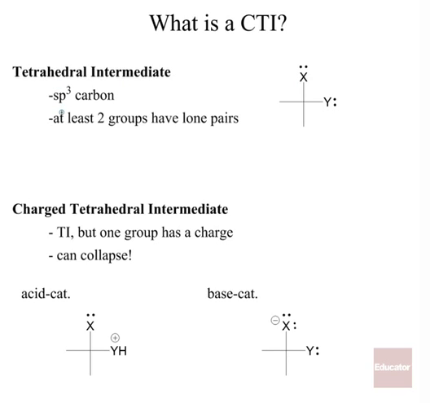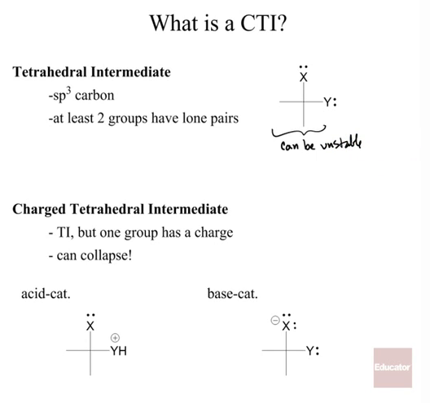Tetrahedral means that we have an sp3 hybridized carbon, so there are just 4 single bonds to that carbon, and at least 2 of those groups have lone pairs. So attached to a carbon we have at least 2 separate groups that have lone pairs. Turns out that this arrangement can be unstable.